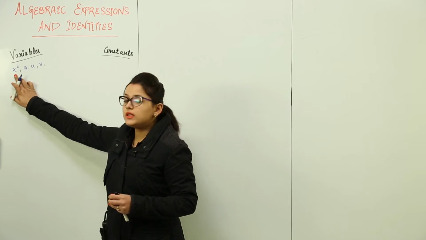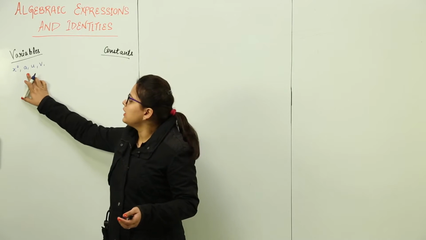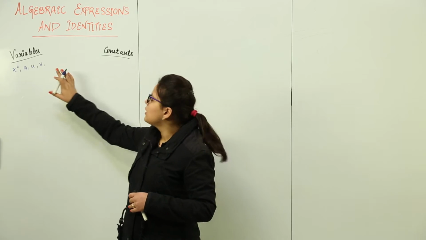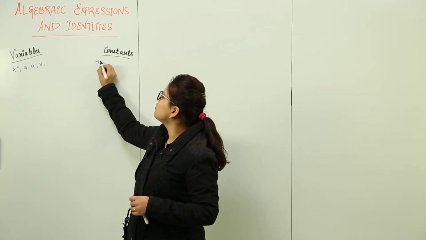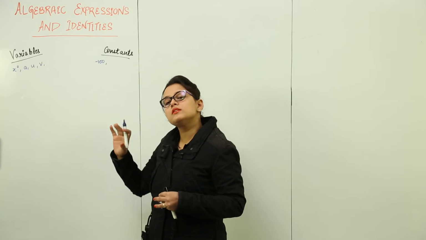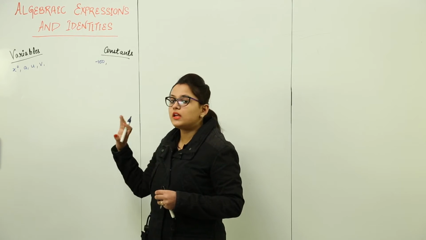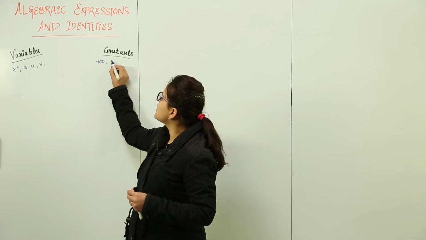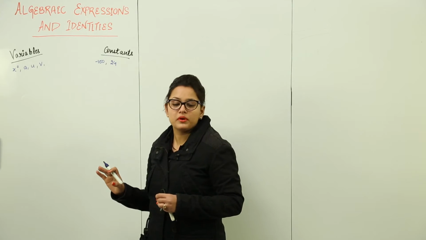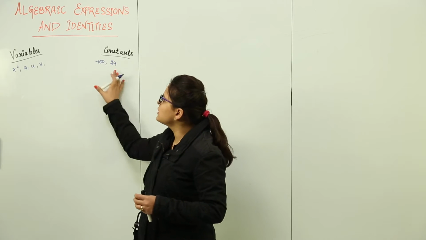Because x square can have any value, a can have any value, and you can even change their values, right? But in constants we have, for example, minus 100. Minus 100 will remain minus 100 always, right? It cannot change its value. Another example, 24. Its value will remain 24 only, right?